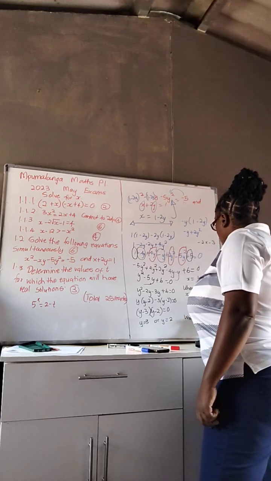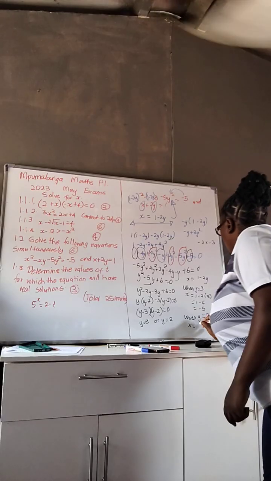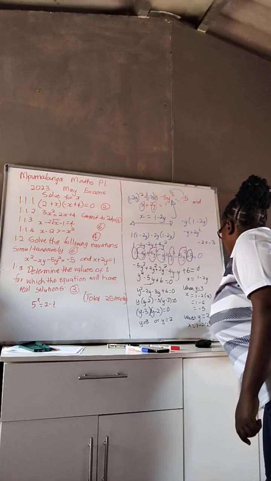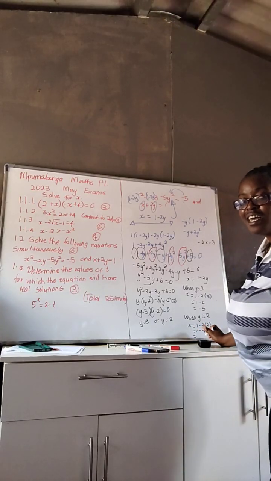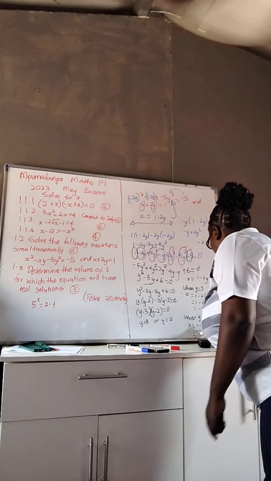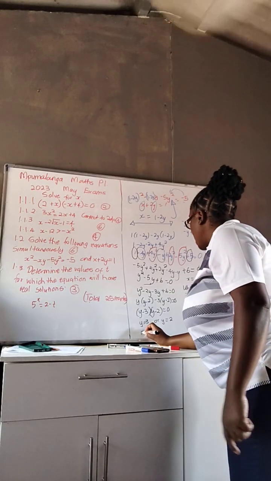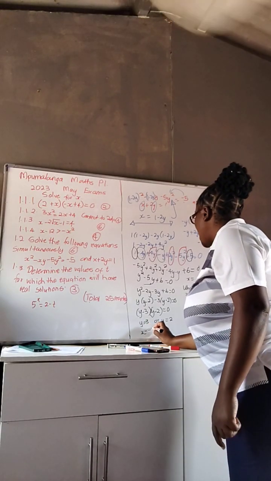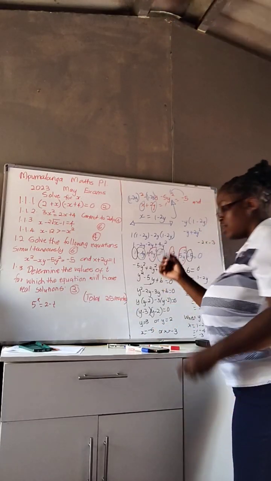When y equals 2, x is equal to 1 minus 2 times 2, which gives us 1 minus 4. What is the answer? Minus 3. So those are the answers that you have. x equals minus 5, or x equals minus 3.